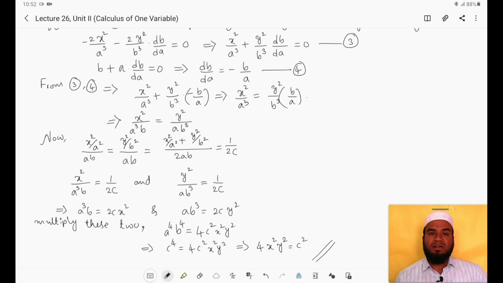So with this we have completed unit 2. So far in unit 2 the topics that we have discussed are like we have started unit 2 with Rolle's theorem, Lagrange's mean value theorem, Cauchy's mean value theorem. Then we have seen the Taylor series, right? And then after that we have seen radius of curvature. Also we have seen how to find the radius of curvature for different types of curves, that is Cartesian, polar, parametric, and radius of curvature at origin.